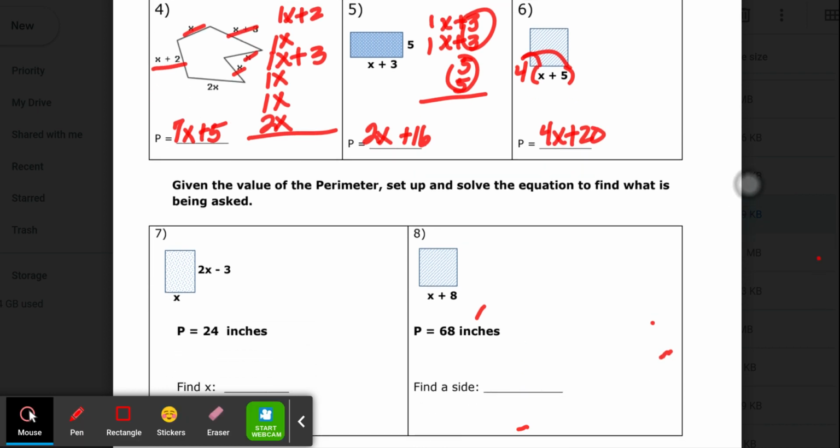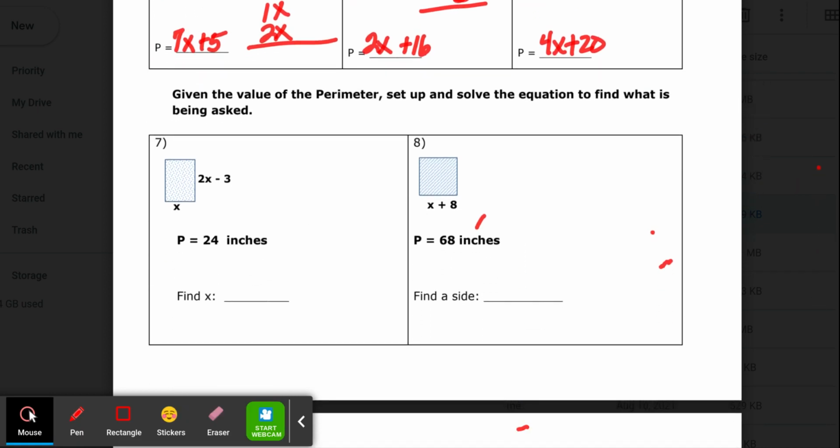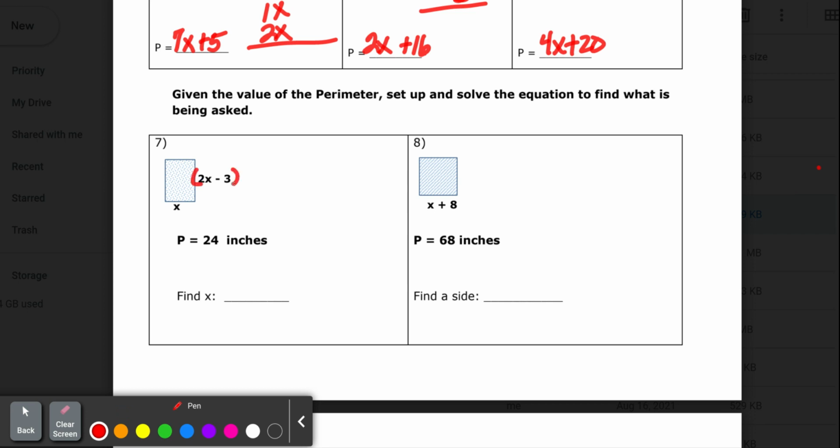All right, the next thing says, given the value of the perimeter, set up and solve the equation to find what is being asked. Okay, so let me get my pen back. So what we're going to have to do, since we're finding the perimeter, we could either multiply this by 2, and then same thing here, multiply that by 2.